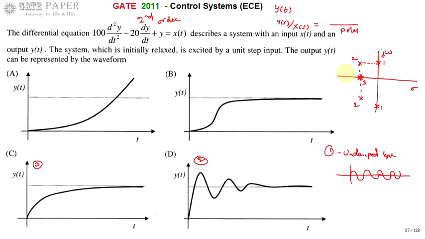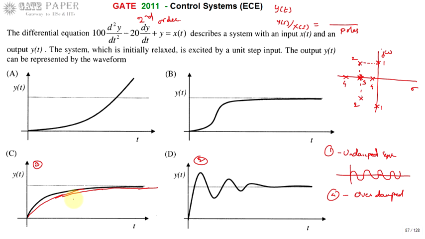Otherwise, if both the poles are on the negative real axis but not at the same place, that is the fourth case, an overdamped system. It looks like a critically damped response, but it is still more sluggish and takes more settling time to reach the final value.